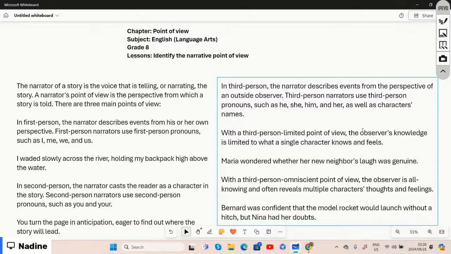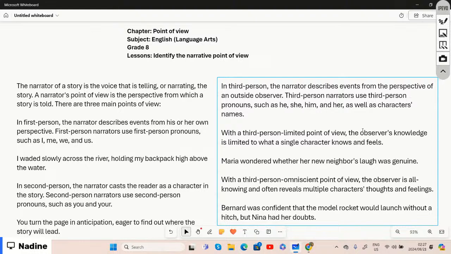So if they say, give your point of view on something, and you just say, Maria wondered whether her neighbor's laugh was genuine, it's not really tackling why Maria wondered whether her neighbor's laugh was genuine or not. The neighbor's laugh could have been contagious, or however it was being described. But you just say, as a third person, that Maria wondered whether her neighbor's laugh was actually genuine. All right. So this is basically our point of view.